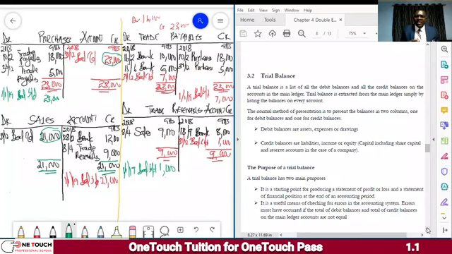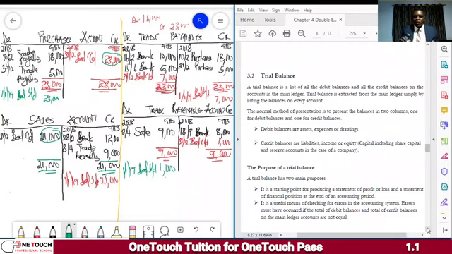Now, a trial balance is a list of all the debit balances and all the credit balances on the accounts in the main ledger. A trial balance is extracted from the main ledger simply by listing balances on every account. The normal method of presentation is to present the balances in two columns. One for debit balances and one for credit balances.